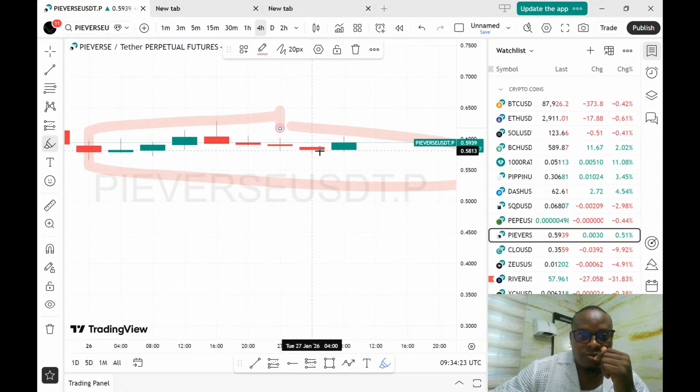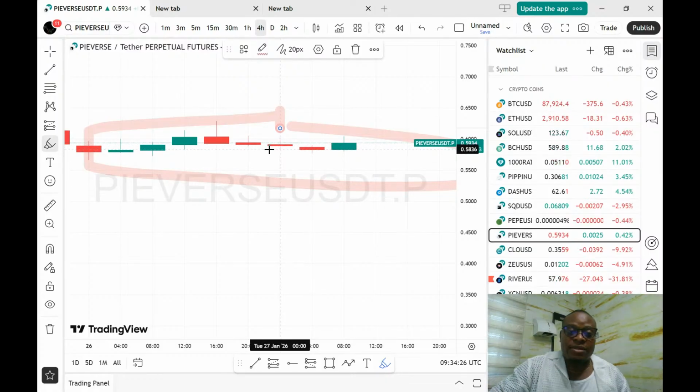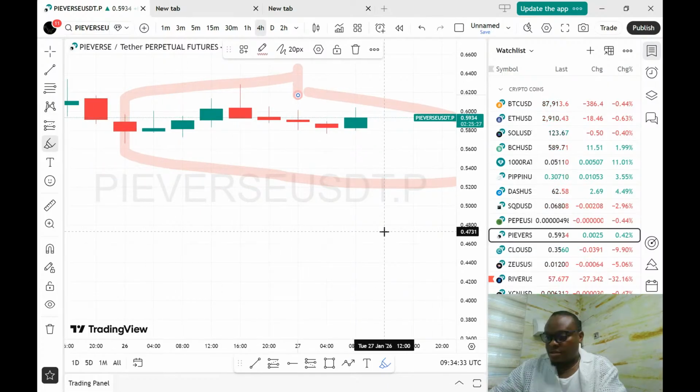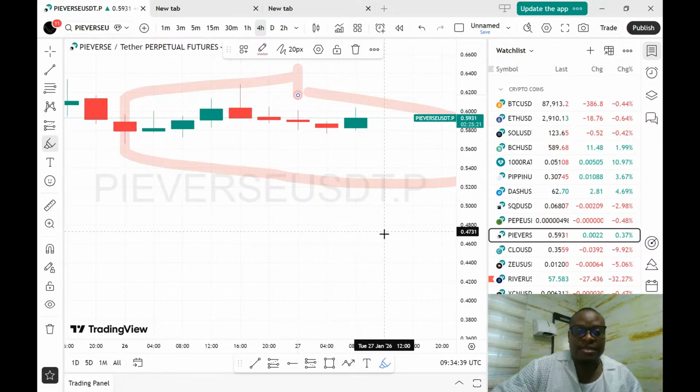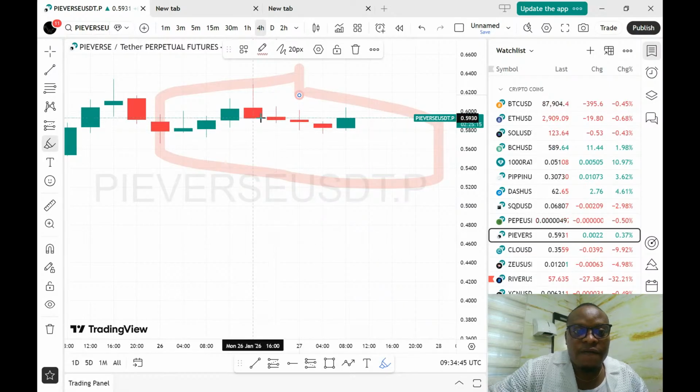One, two, three, four, five, six. Sorry, I said 8 at some point, but it is 6 candlesticks. Okay, now why is it showing you this half now?